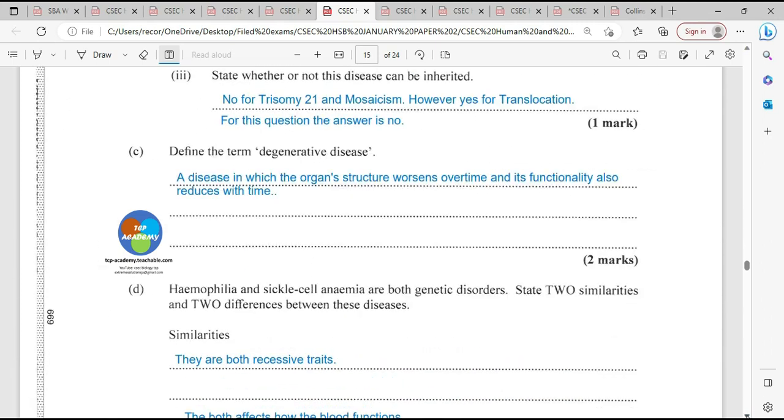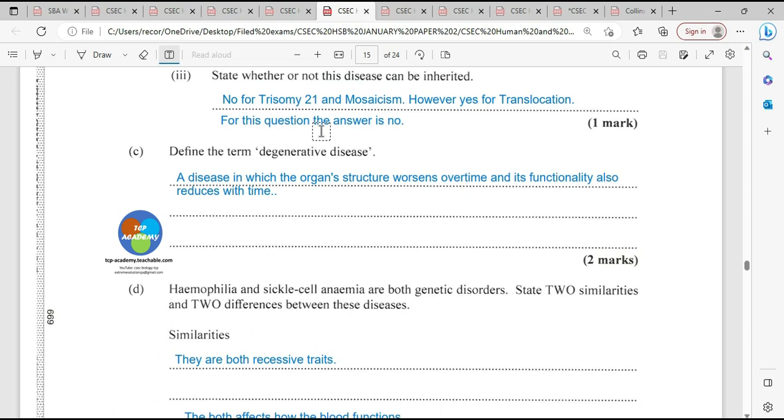State whether or not this disease can be inherited. Now, I went a little further than answering just the question. As it were, for the case of Down syndrome that was presented, the answer is no. So it's going to be no for trisomy 21, which was presented.